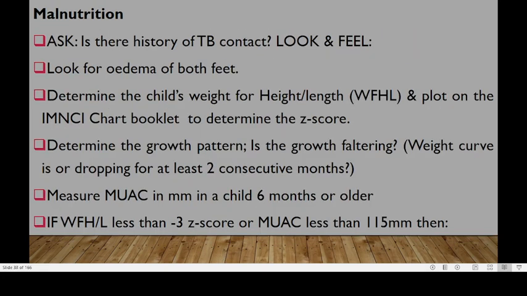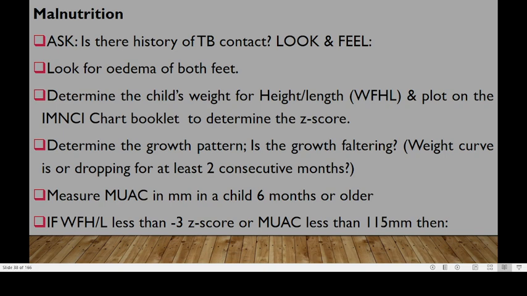According to the IMCI, Integrated Management of Neonatal and Childhood Illnesses approach, if you are suspecting malnutrition, you need to ask if there is any history of TB contact. You need to look and listen, because TB is one of the major conditions that results in malnutrition.